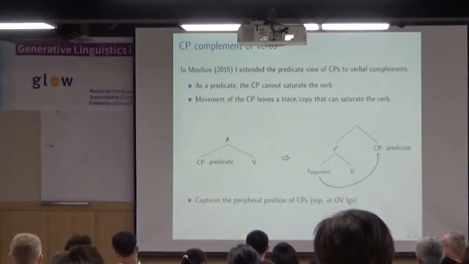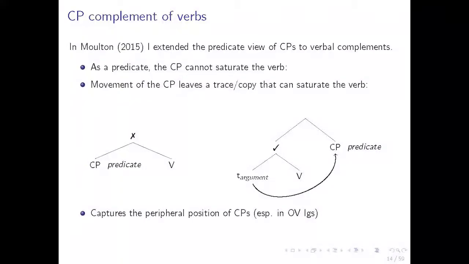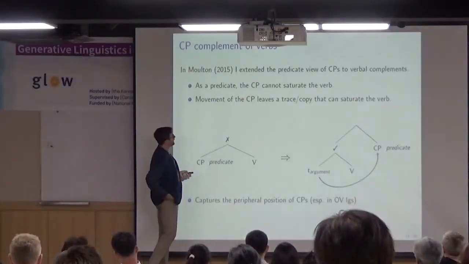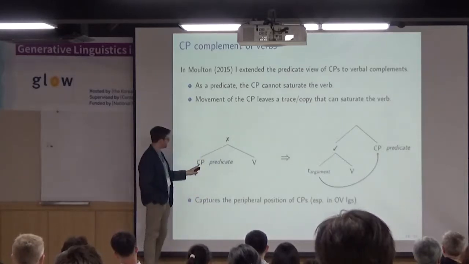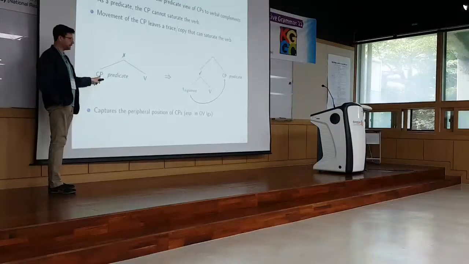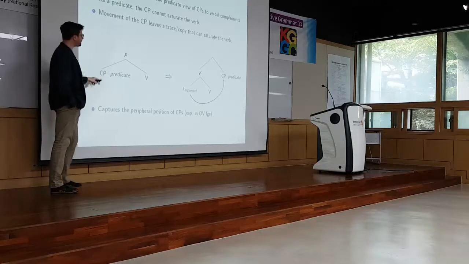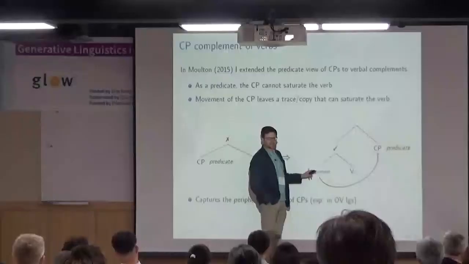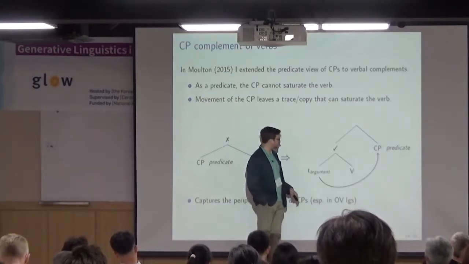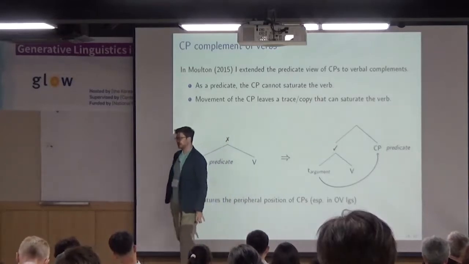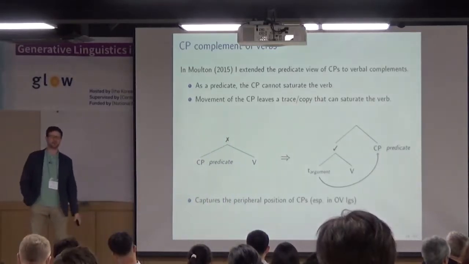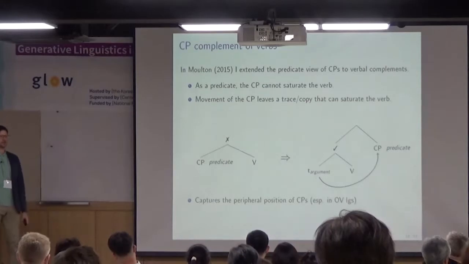And then I did a crazy thing a couple years ago and said, hey, why don't we just make all CPs predicates, even the ones that appear to complement verbs? And I had a story that CPs, if they're predicates, actually can't complement verbs if they stay in situ. Okay? The types won't work out, maybe. But they will successfully integrate into the sentence if they move a little bit and traces or copies get to saturate things, because traces and copies get to have a different type than the thing that moved, right?